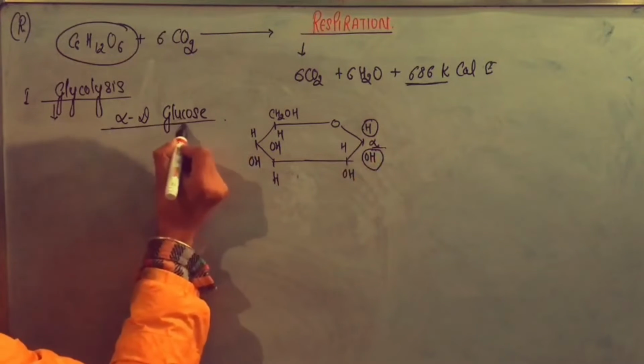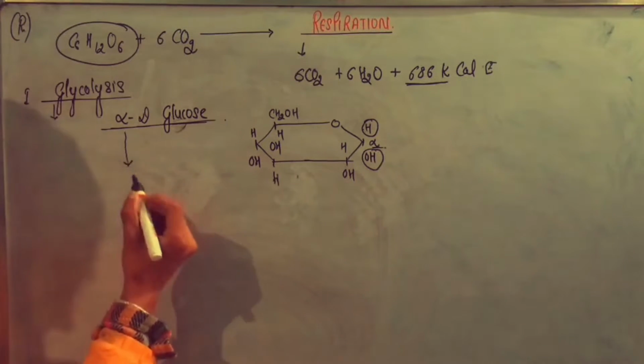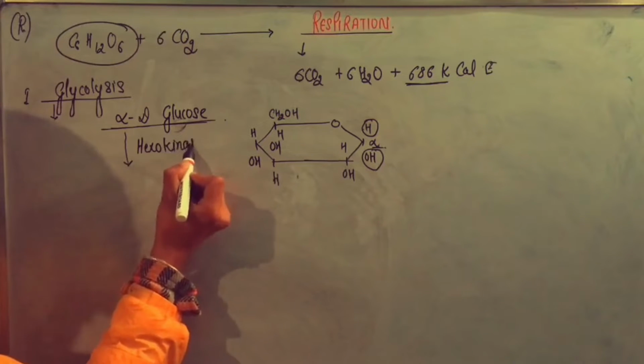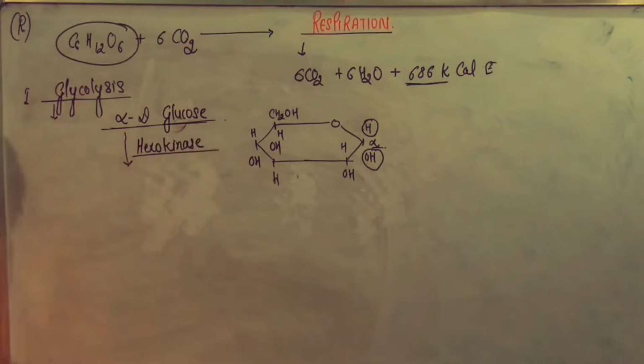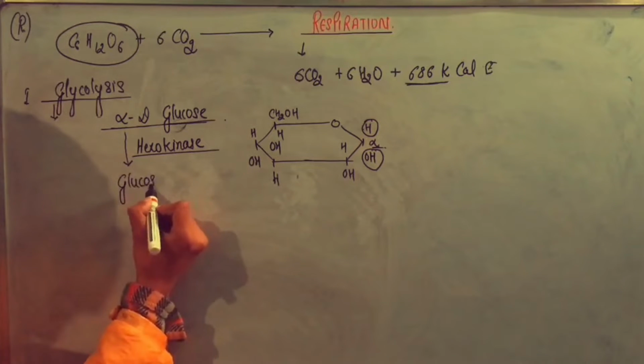This is known as the alpha D glucose molecule. In the presence of an enzyme called hexokinase, it is converted into a molecule of glucose 6-phosphate.